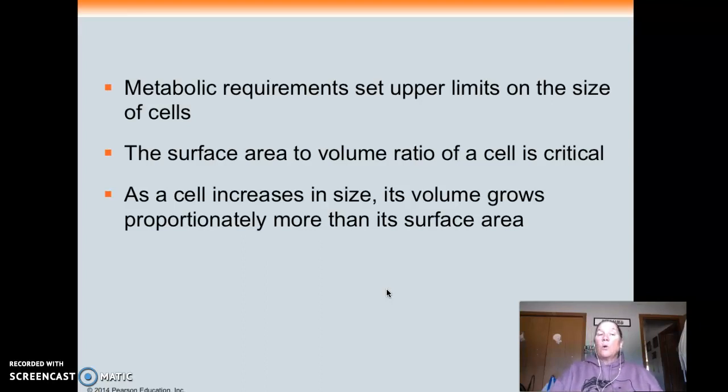So that's why cells can only grow to a certain size, and then they have to quit, or they divide and go smaller and then start growing again. Because again, the plasma membrane can only control so much fluid. And when the inside gets too big, then it can't control it, and then the cell's going to die.